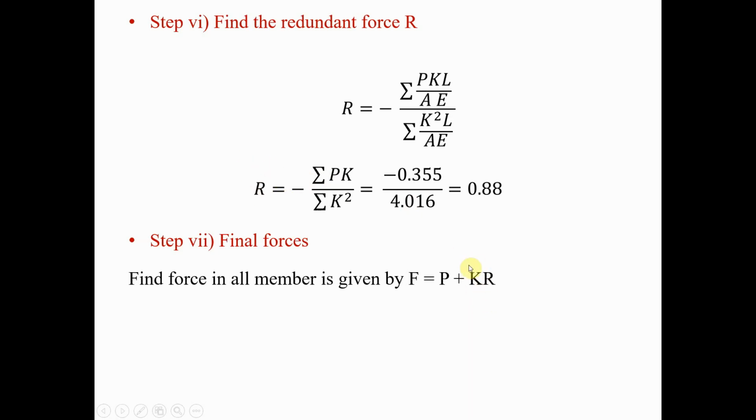When you multiply all the K forces, which we found for unit forces, by it, we get the effect of redundancy, plus all the P forces for the external applied load. Then when you take the summation of this whole effect, we get the final force in the member of the redundant truss. So like this we can do the analysis of redundant trusses. Thank you.